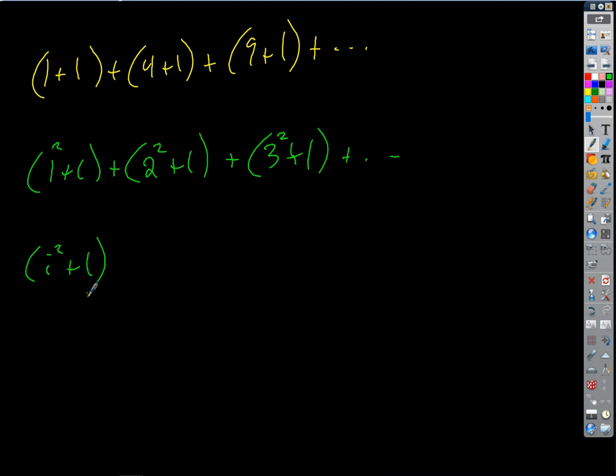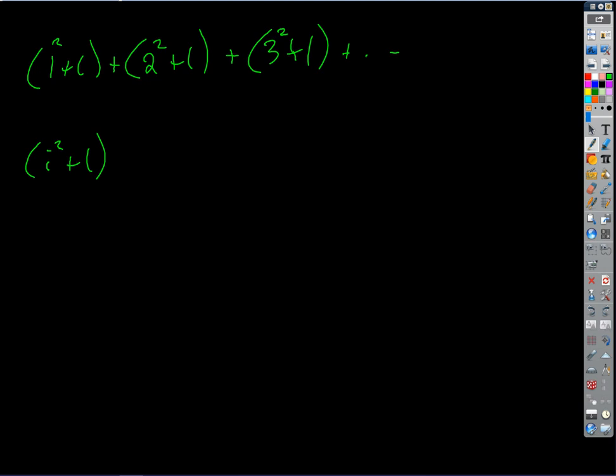As i goes from 1 to however far we want to go, however many terms we're adding up. I think we said we were going to add up 10 terms, right? So then we could write this as, so we're going to do 10 of these things. Then this is just the sum of i squared plus 1 as i goes from 1 to 10, right?